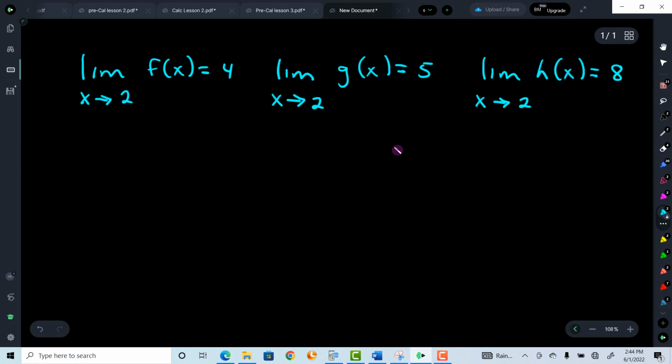Now, I don't know what f of x is, or g of x is, or h of x is, and it doesn't matter for what we're going to do. We're just going to practice using the properties a little bit, okay?